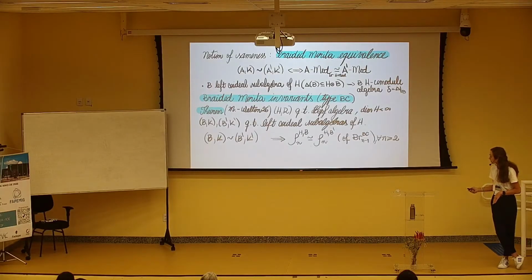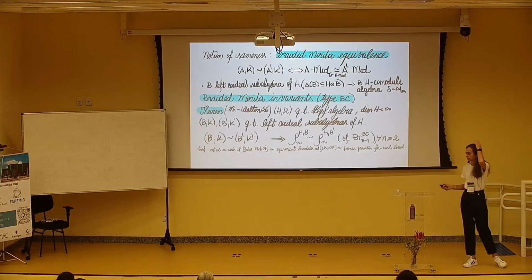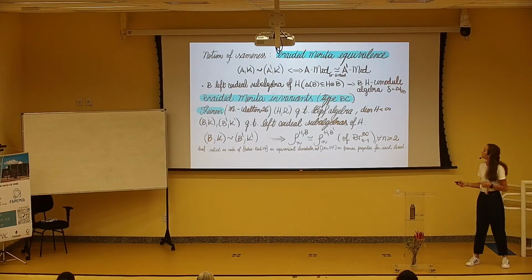So first about the proof. We always use results from other colleagues, of course. So we use a result from Andruskiewitsch and Mombelli from 2007. And here they describe when two module categories over comodule algebras are equivalent as H-module categories.